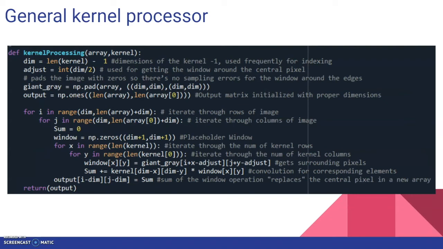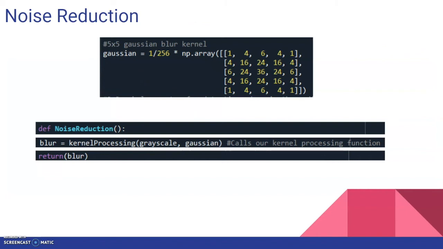So here's our general kernel processor in full, and it's a bit long, but we sacrificed simplicity for robustness and flexibility. And so now it's just a matter of plugging in the right kernels. So for our noise reduction, this is the 5 times 5 Gaussian blur kernel, which is shown here.